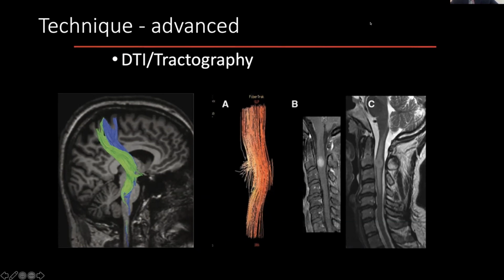But we can use this tendency of water to follow those tracts to have a sense of the directionality of fiber tracts, which is what is done here. There are multiple different ways to do this. This is actually a fairly rudimentary clinical example in the case of an intraaxial tumor, utilizing that to show that a portion of the tract is disrupted.